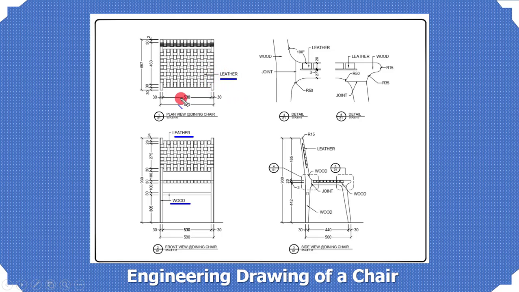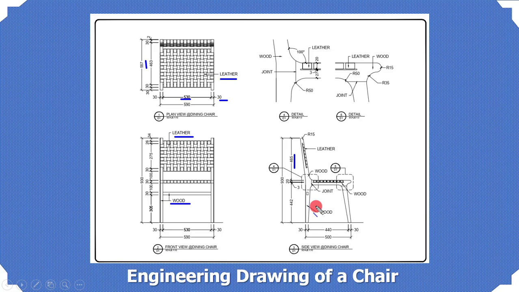Not only the material, but here you can see 567, then 530, 30, 465. All these are the dimensions provided, and in order to get all the details of this chair, we have to show these dimensions in different views, because it is not possible to show all the dimensions of the chair in a single view. We'll come to this in a couple of minutes.